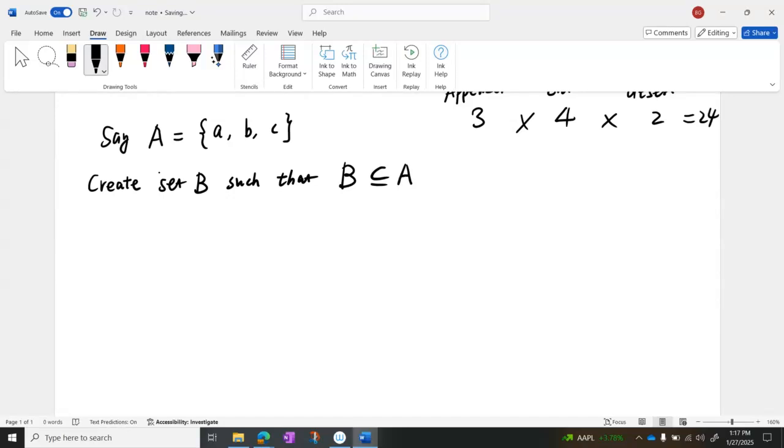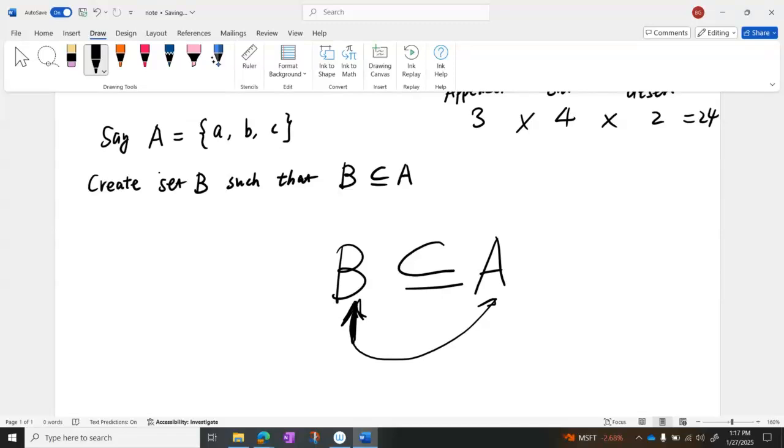You remember this notation, right? Set B is a subset of set A. Let's recall the definition. What is a subset? B is a subset of A means all the elements in B are also in A. Okay?